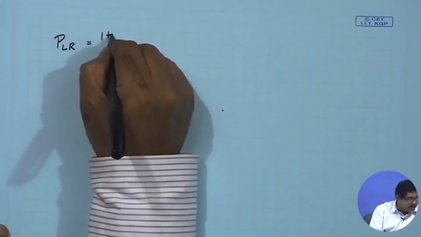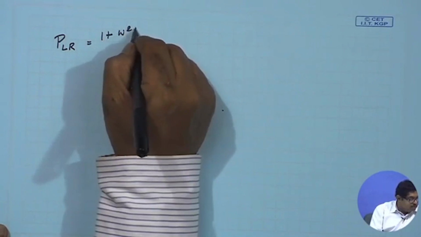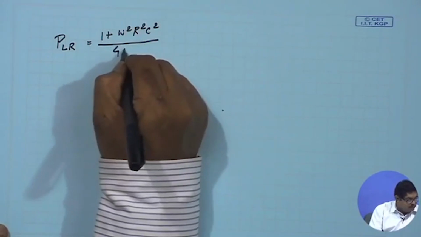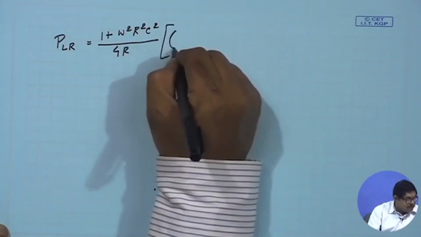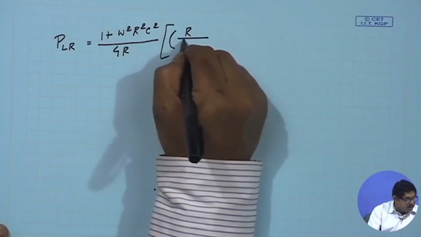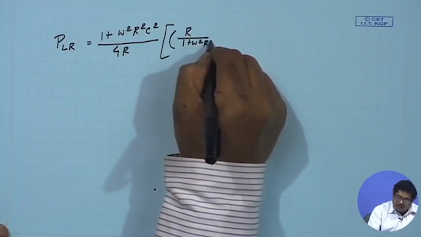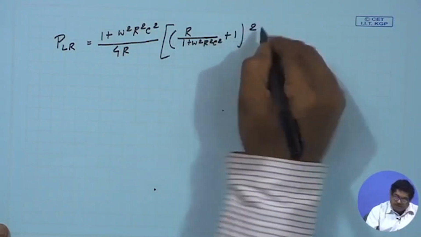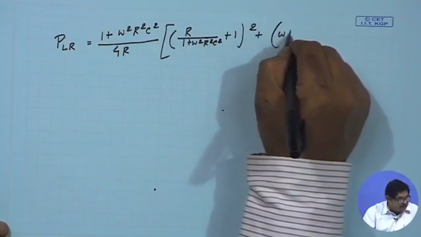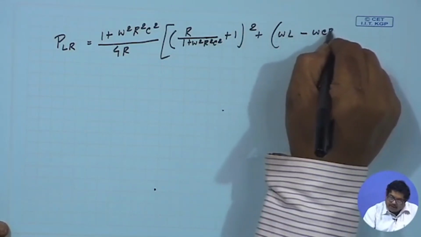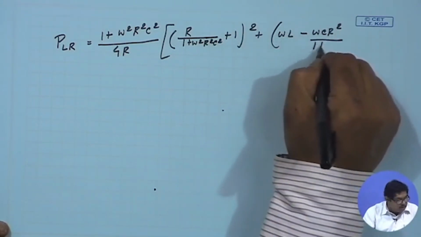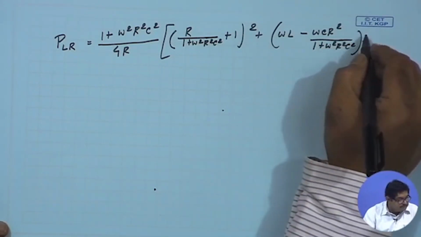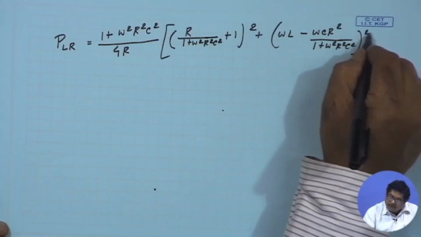PLR turns out to be (1 plus omega square r square c square) by 4r, by ((r by (1 plus omega square r square c square)) plus 1) whole square plus (omega L minus omega C r square by (1 plus omega square r square c square)) whole square.